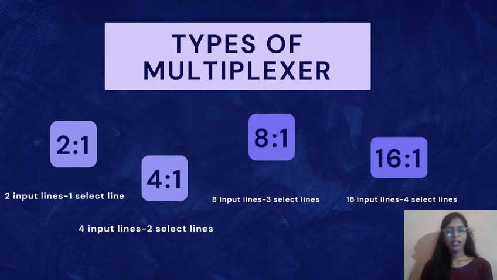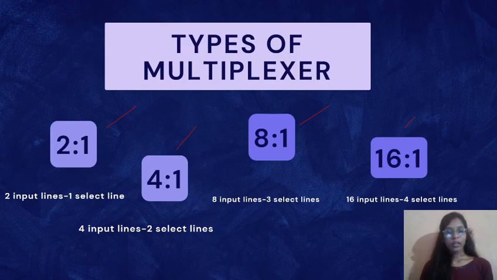There are types of multiplexers: 2 to 1 mux, 4 to 1 mux, 8 to 1 mux, and 16 to 1 mux. The name itself indicates it: 2 to 1 means 2 input lines and 1 output line.